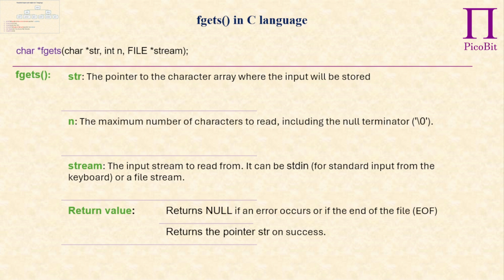If a newline character is encountered, it is included in the string. It adds a null terminator at the end of the string to mark the end of the input.